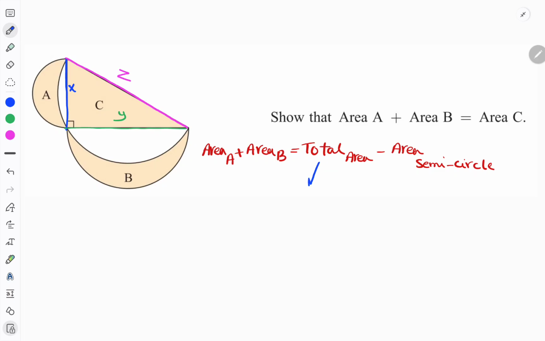Okay, for total area, we have this semicircle.